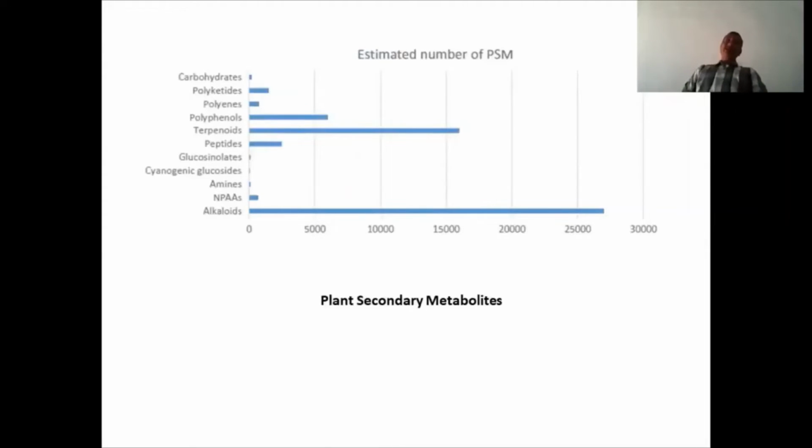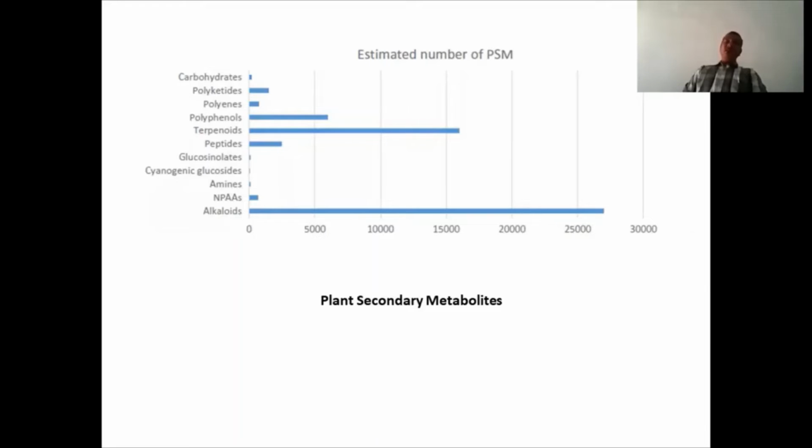So this is a list in a graph where we can see the plant secondary metabolites of different categories. You can see the abundance among the bars. You can see the blue bars on the screen. In these blue bars, the largest bar at the bottom is alkaloids, and the smallest bars you can see are the amines, cyanogenic glycosides, glucosinolates, and carbohydrates.